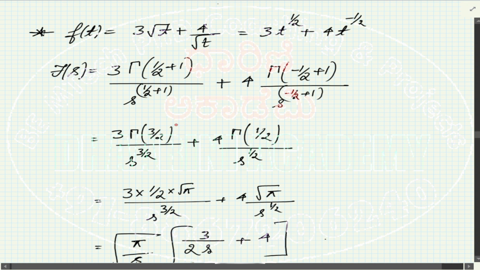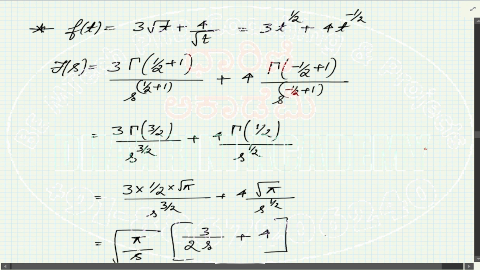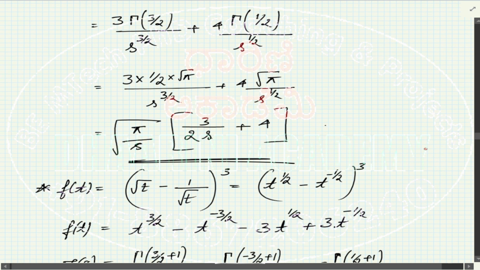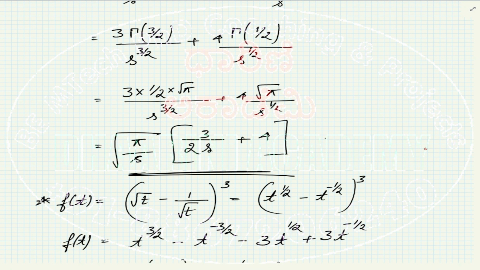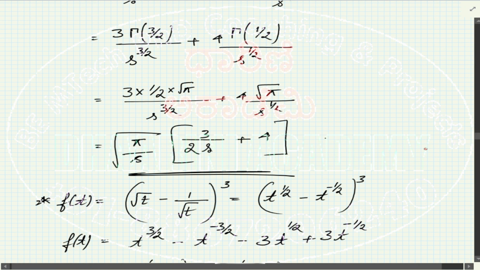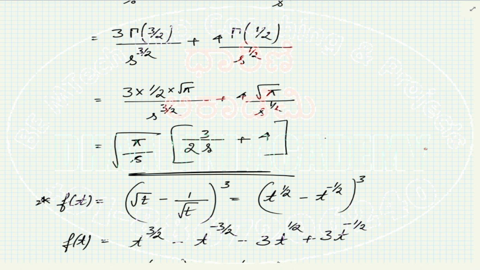So gamma of 3 by 2 is this whole thing. Root pi.